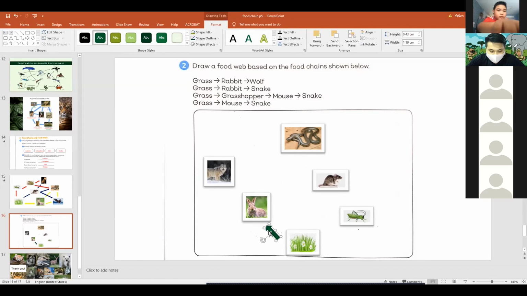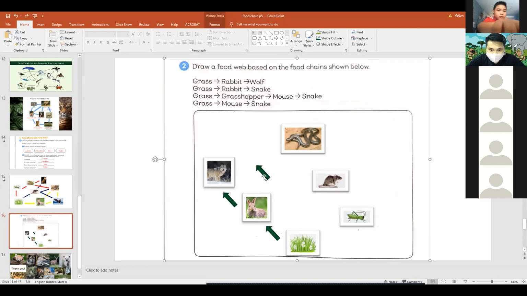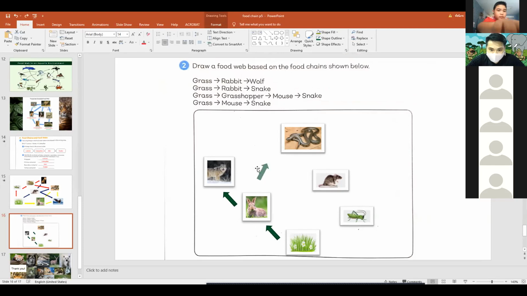One, right? One. Is that correct? Grass, rabbit, wolf. Grass, rabbit, snake. Correct? Yes or no?